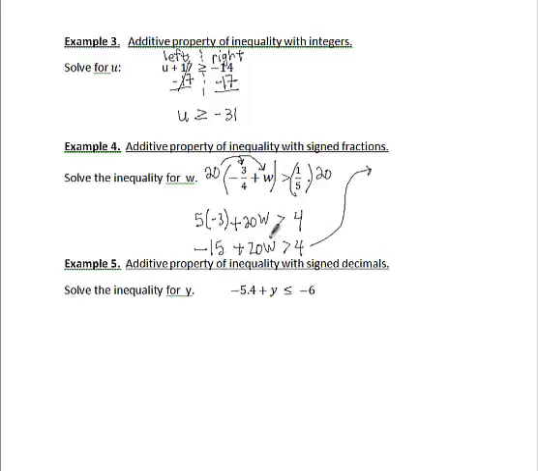Alright, here is our variable. If we had an equal sign, we could call this a two-step equation, because with the variable on the left, we only have a 20 and a negative 15, two numbers that we need to get rid of in order to have the w by itself.